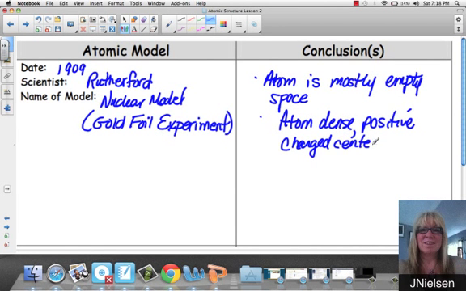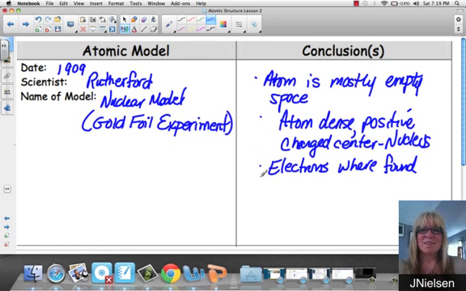And this is what we now call the nucleus. And he said that electrons were found outside the nucleus. And now we will look at his experiment.